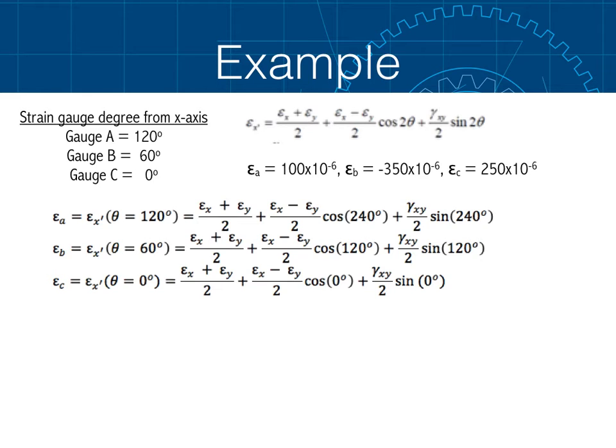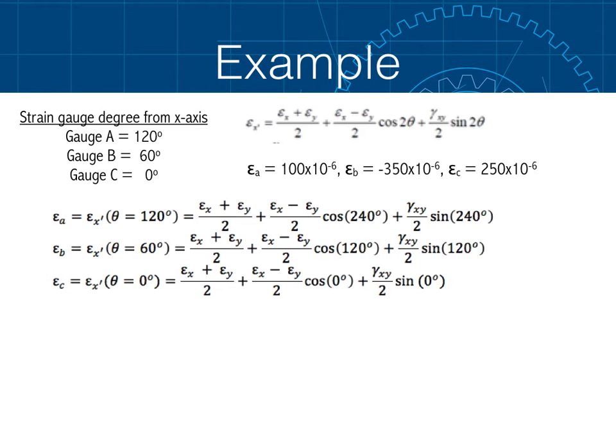As we see here, strain gauge A, which had a degree value of 120, is inputted into the equation as 2 theta. So cosine 240 is the resulting value, and sine 240 is the other resulting value for degrees.